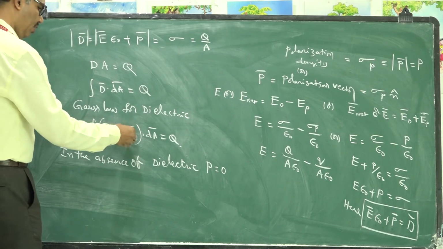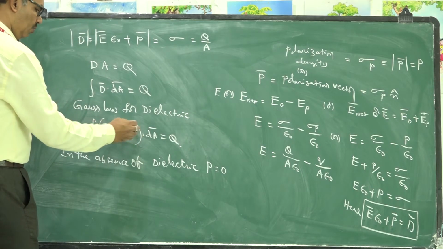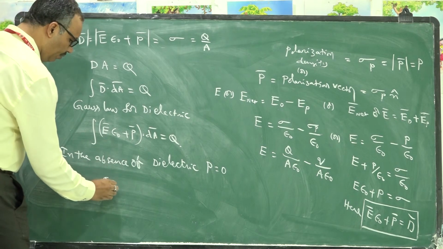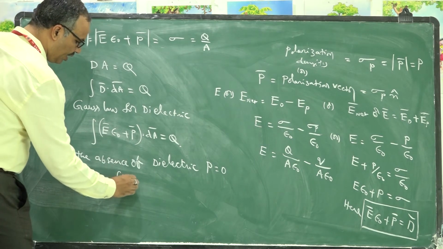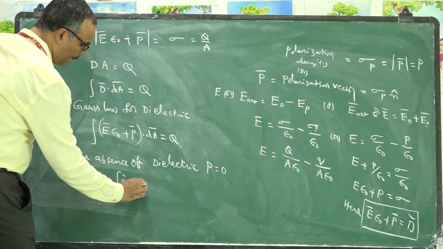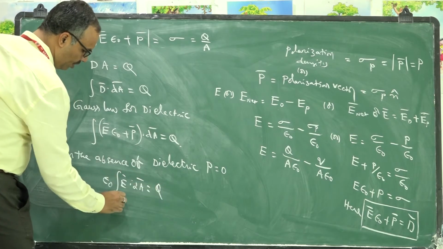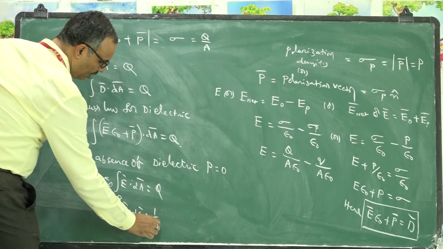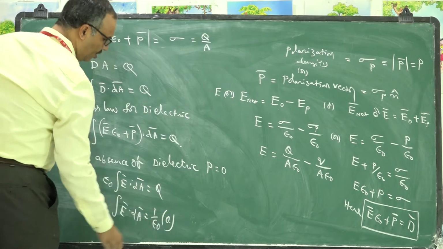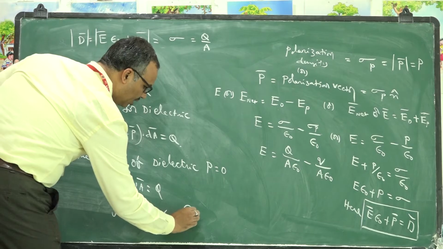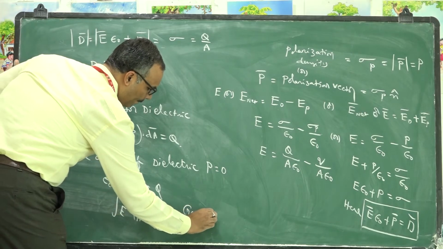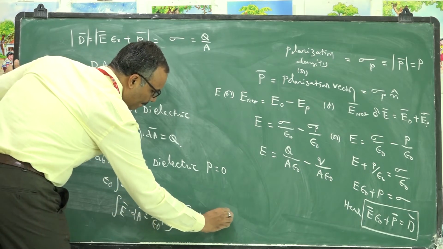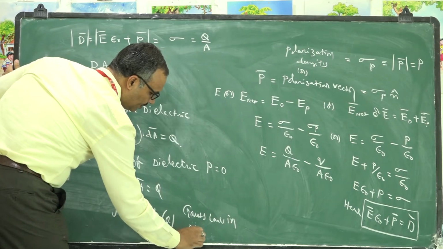So you can remove this, then epsilon naught E bar dot dA bar is equal to Q, or integral E bar dot dA bar is equal to 1 by epsilon naught into Q. Nothing but Gauss law in electrostatics.